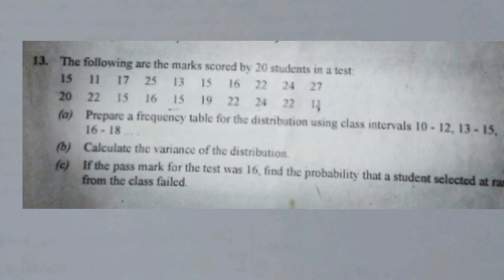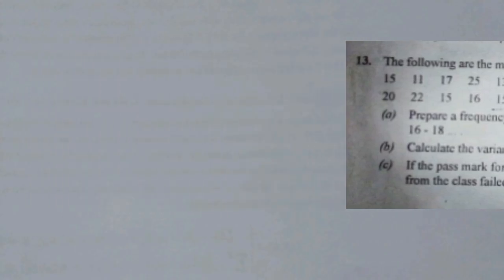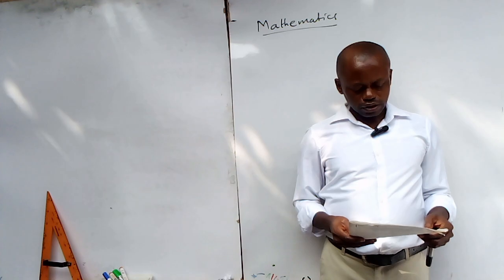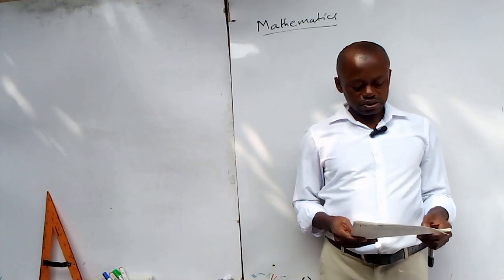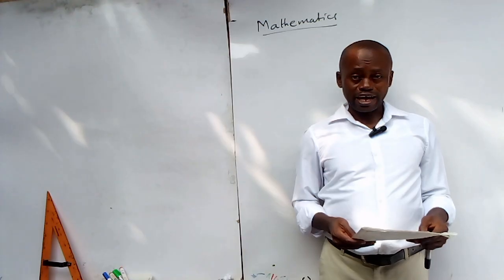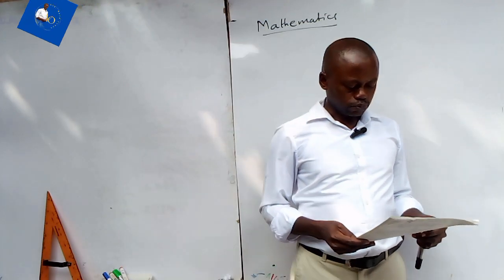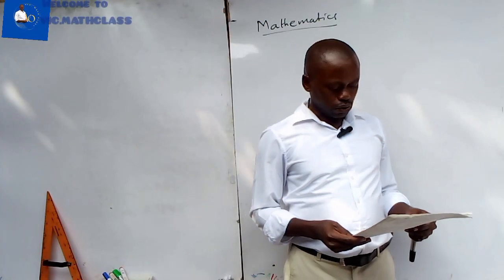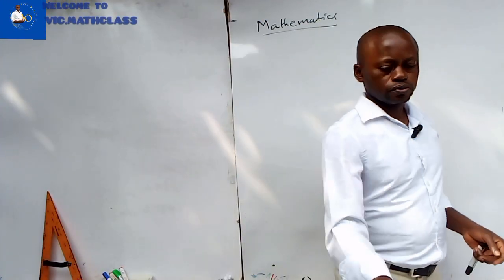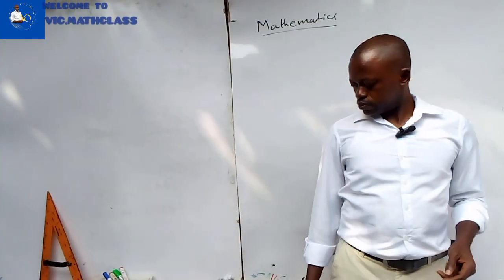Okay, so if you look at this problem now, in order to facilitate this class, I am going to use the table I have prepared already so that we can move as fast as possible to get it done.